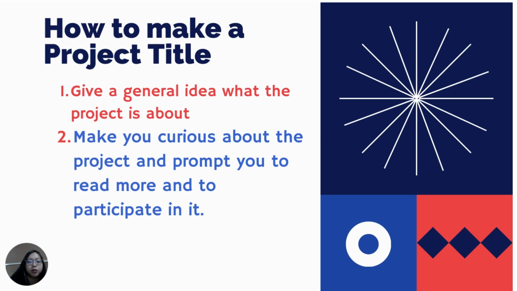Make a title which should be clear and unambiguous. Do not make it cute. If the project is about gardening or entrepreneurship, your title must reflect the general idea of what the project is about. Next, the title should make you curious about the project and prompt you to read more and to participate in it, because it allows the reader to become interested in the project just by reading the title.